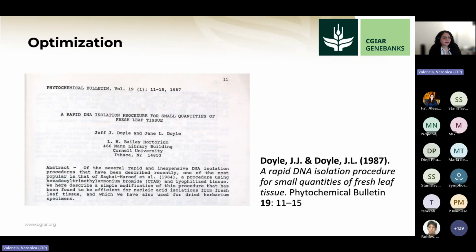So when we pass to talk about the optimization, of course, we have to talk about the great protocol that, I think, in most articles you would read, right? That is Doyle and Doyle. This is one of them that is mentioned. That is the article from 1987, a rapid DNA isolation procedure for small quantities of fresh leaf tissue.